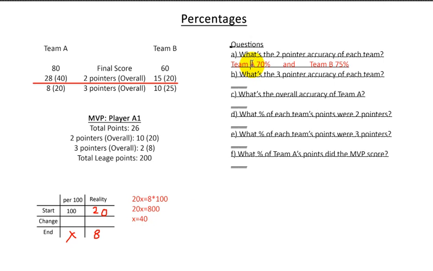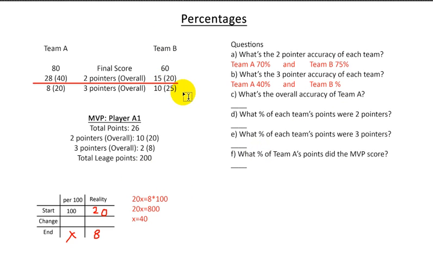So for Team A, let's copy this. It's 40% for the 3-pointers. And for Team B, we're going to find out, just 10 out of 25. So I would put 25 up here and 10 down here.